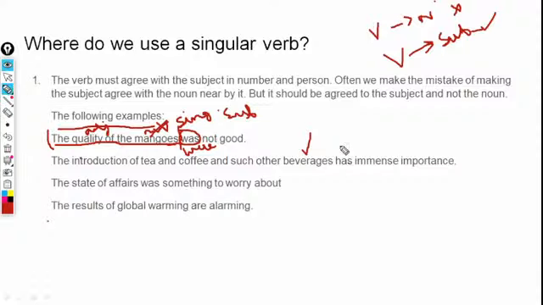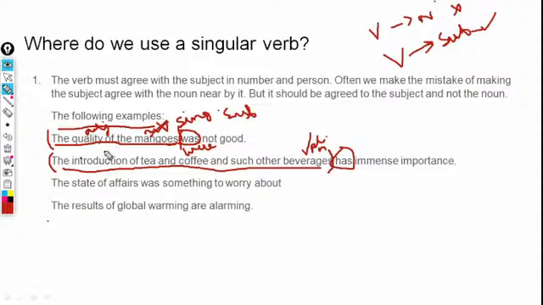And we immediately think that, okay, so this will also be a plural verb. I'm writing only PLN, plural noun. So we will think that, okay, this is wrong. Why have we written has? We have written has because here the subject is the introduction of tea, coffee and such other beverages.